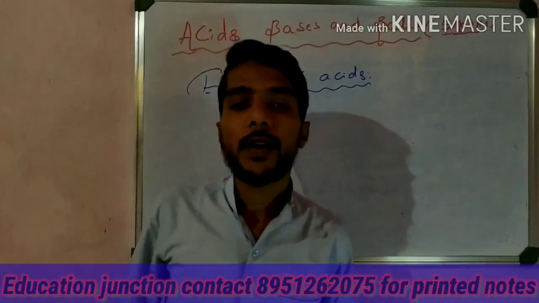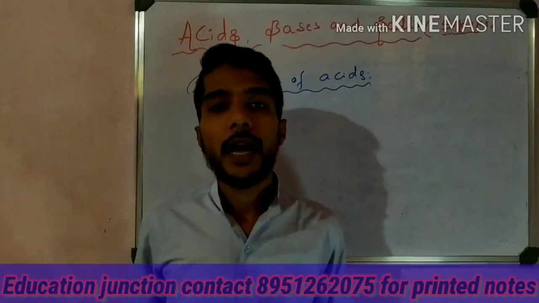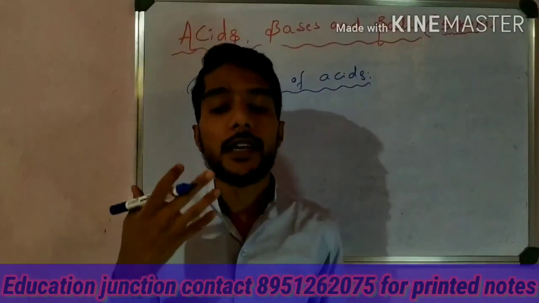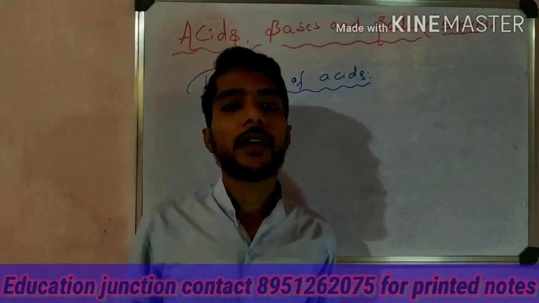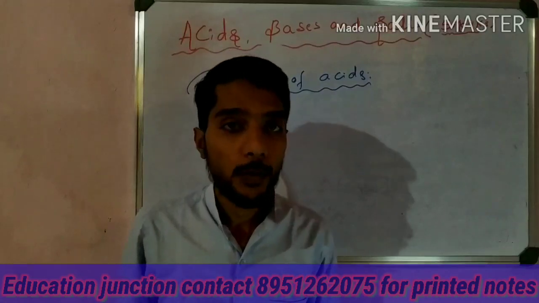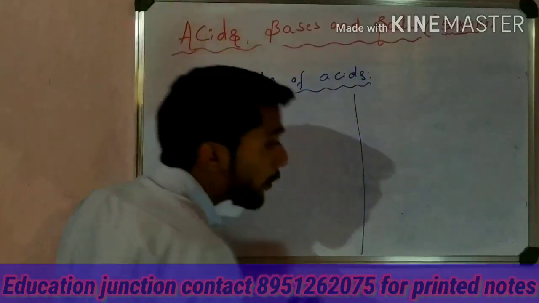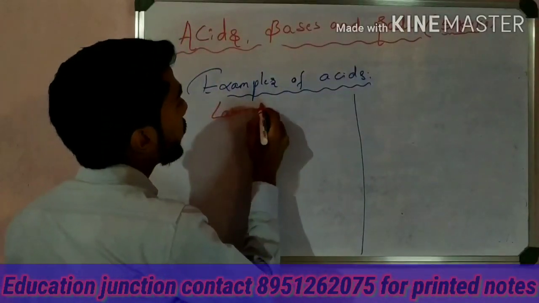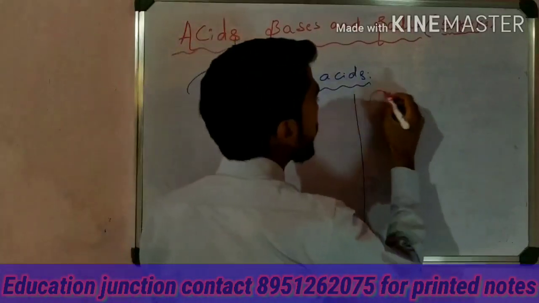One type is called laboratory acids, which are chemicals that are used, and some are natural acids. For example, lemon is an acid, tomato has oxalic acid, milk has tartaric acid, and there are other acids also present. So we take two types of examples: one I call laboratory acids, and one I call natural acids.